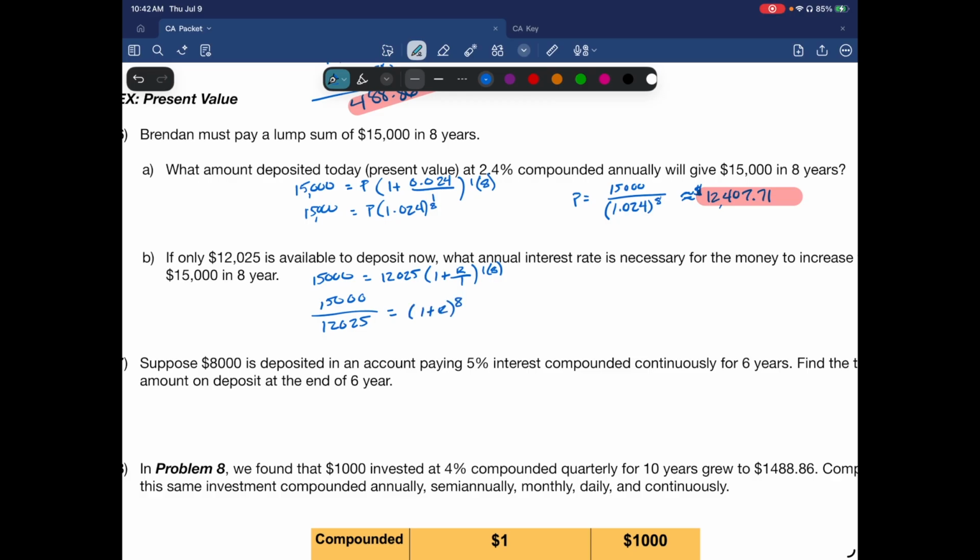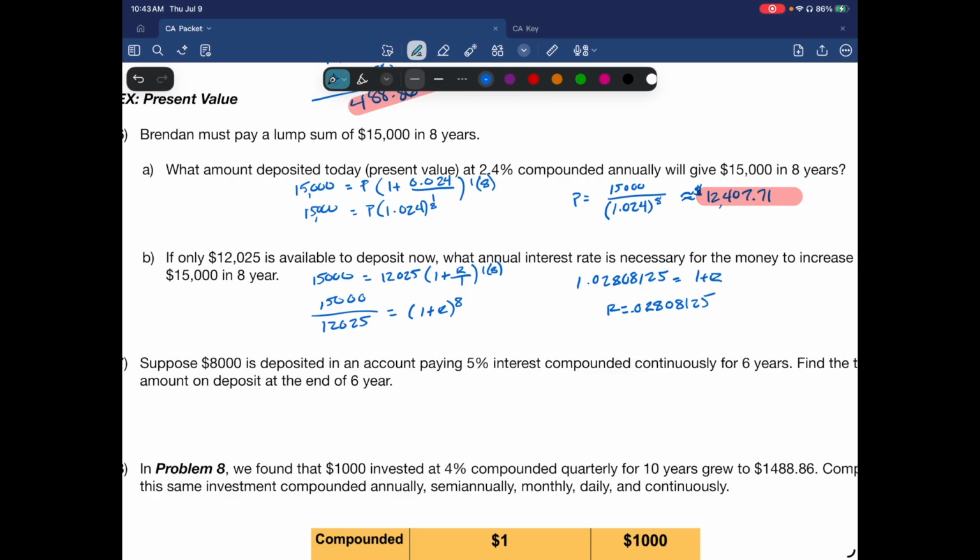All right, so we have an exponent. We need to get it out of the exponent. So we're going to take the 8th root of everything. And so when we do that, that's going to give us 1.028088125 equals 1 plus R. And you subtract the 1, and so you get R equals 0.02808125.